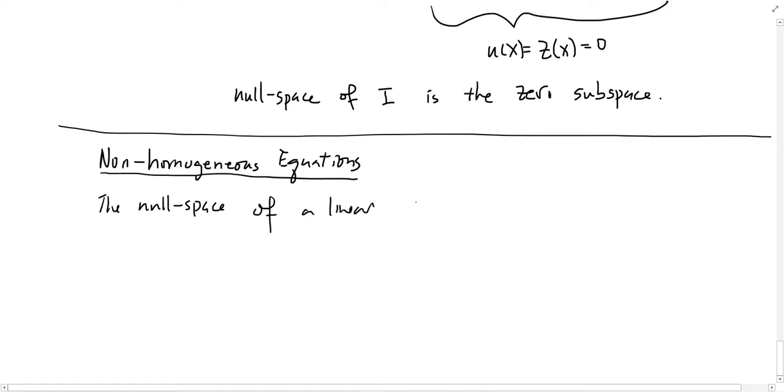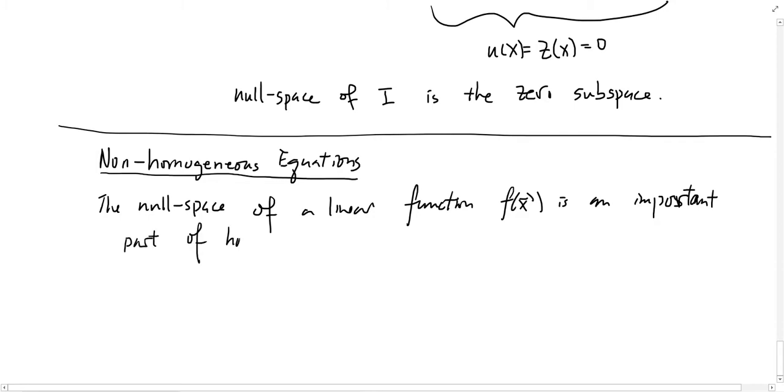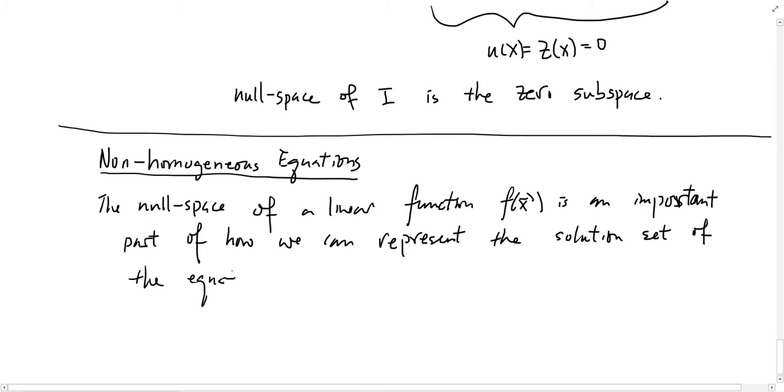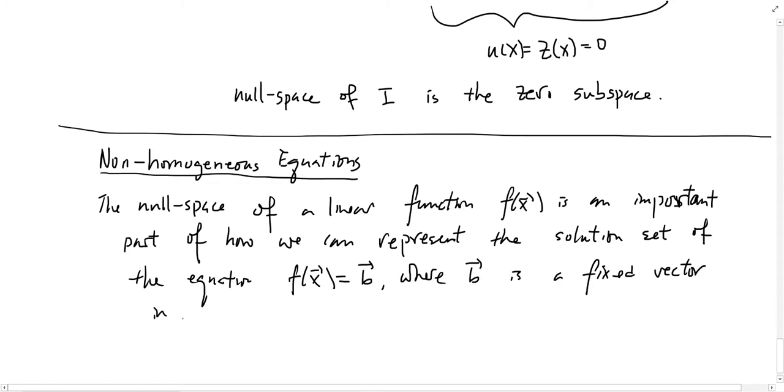So the null space of a linear function f of vector x is actually an important part of how we can represent the solution set of an equation f of vector x equal to some fixed vector b, where b is a fixed vector in the image of f.